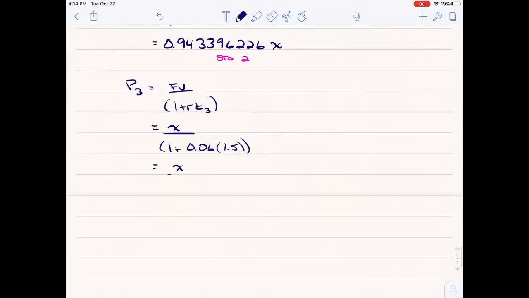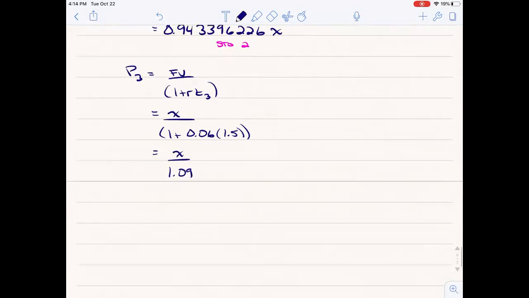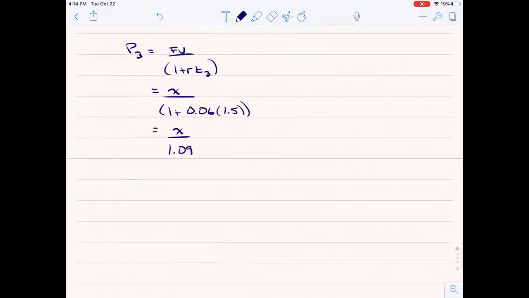So I get X over 1.09, which I'm going to transform into 0.917431193X. And I'm going to store this in 3.